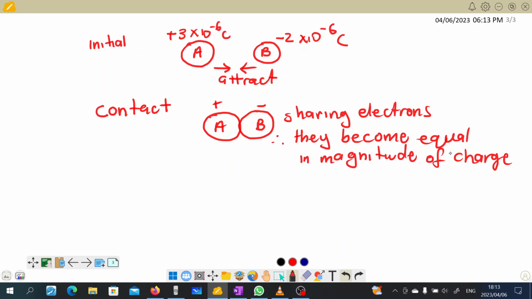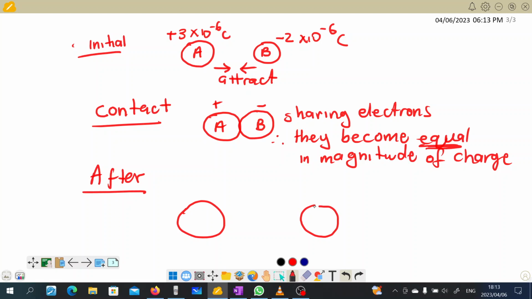When they are equal, what's going to happen after? They will have the same amount of charge, and they will repel each other. They will push each other away, because now they have the same amount of charge. So we know that they will repel.